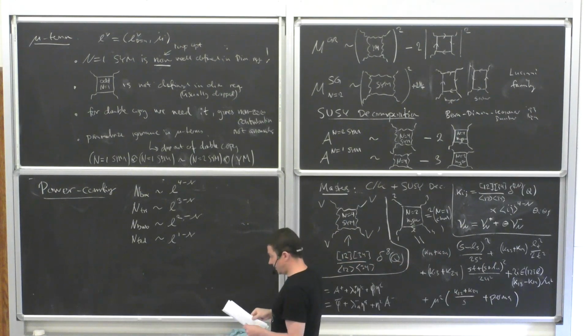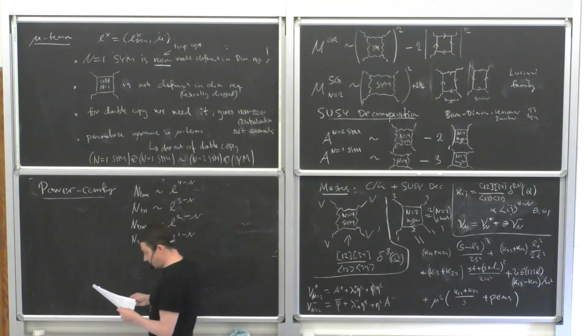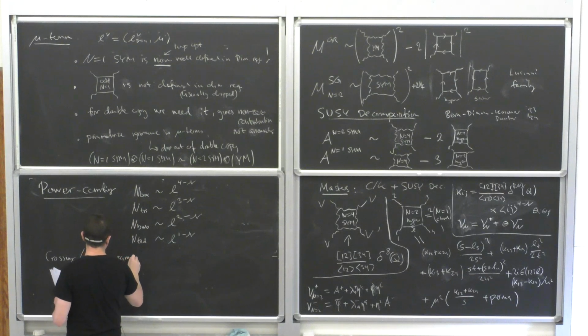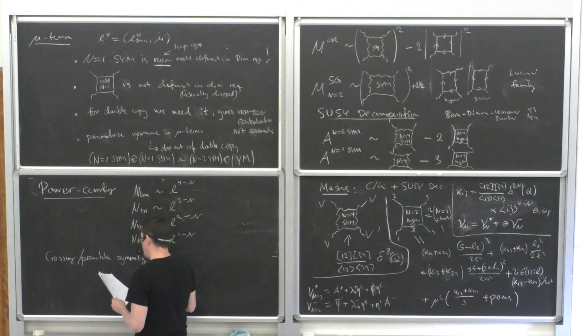All right. Yeah, then I should also say that we also impose crossing or maybe permutation symmetry on our graphs.